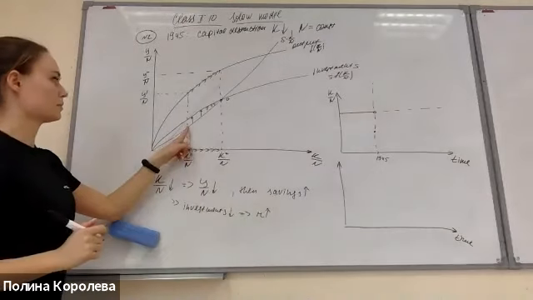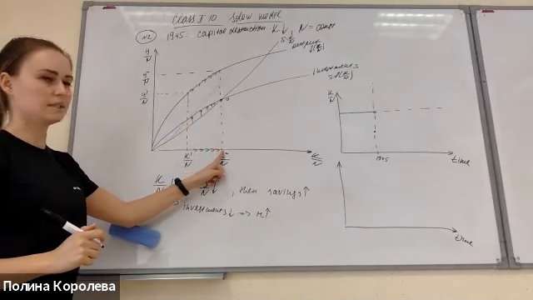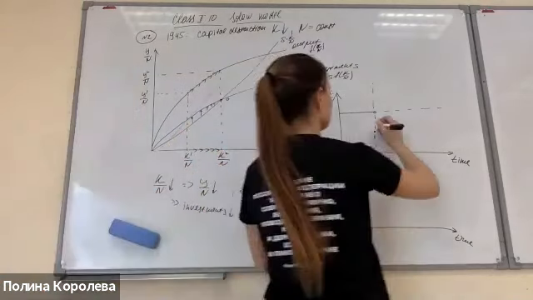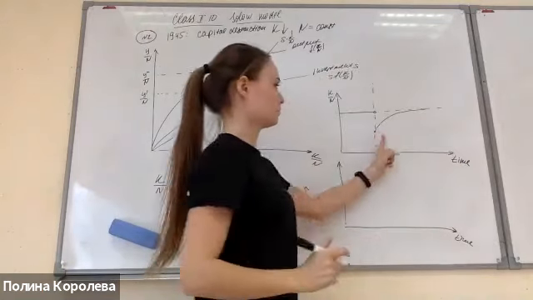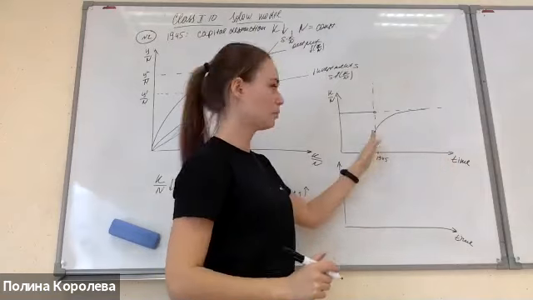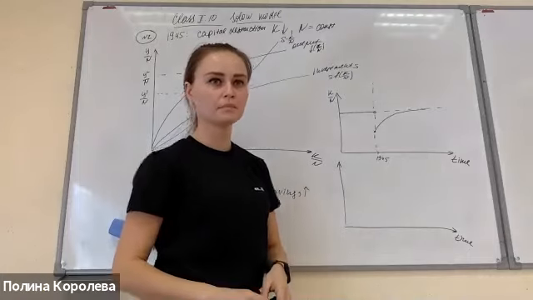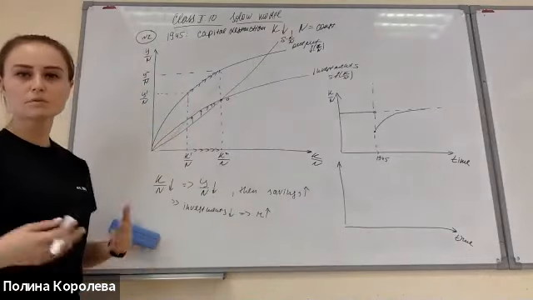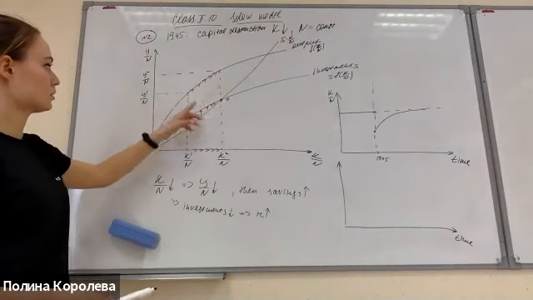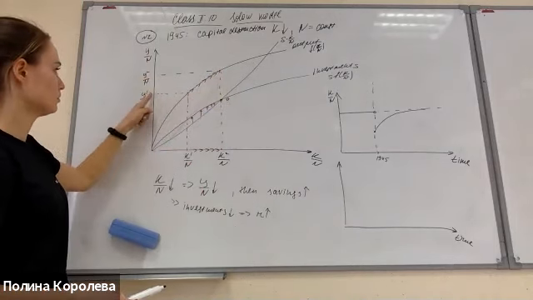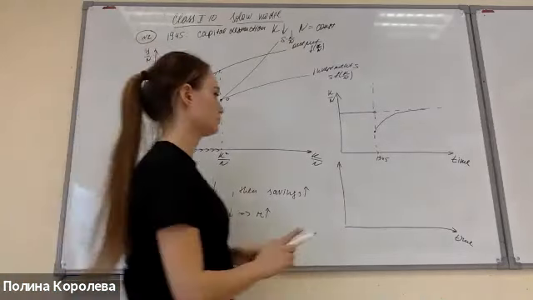And then what is happening? Capital moves back to the steady state. So it will look like this. Time passes, and capital moves back to the steady state. Agree? What about output? Output is the same. You see, output became lower, and then it moves back to the steady state level.